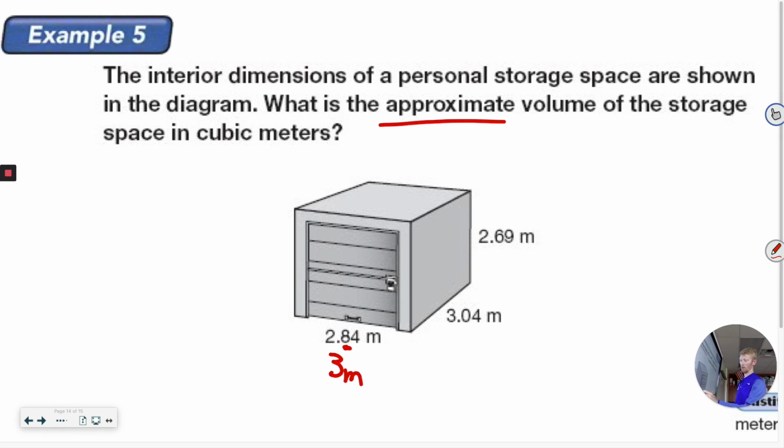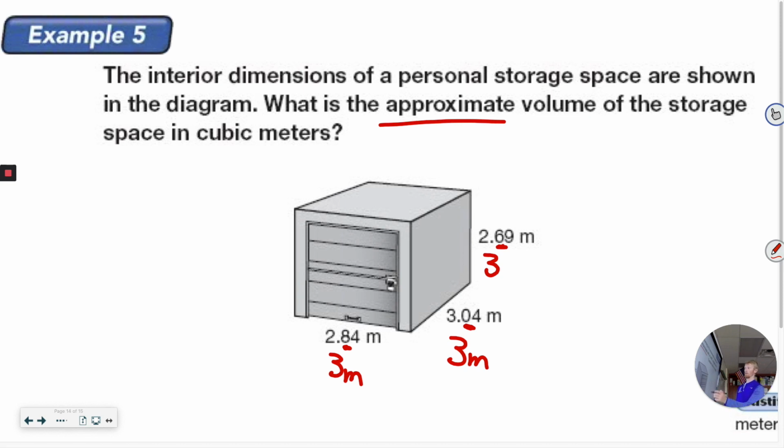I have 3.0, so I'm going to round this down to a 3. And I have 2.6, so I'm going to round this up to a 3. So I have 3, 3, and 3 as my reasonable estimate here.